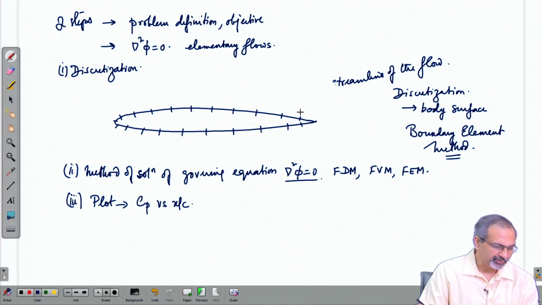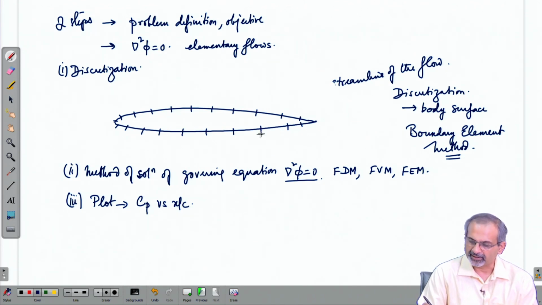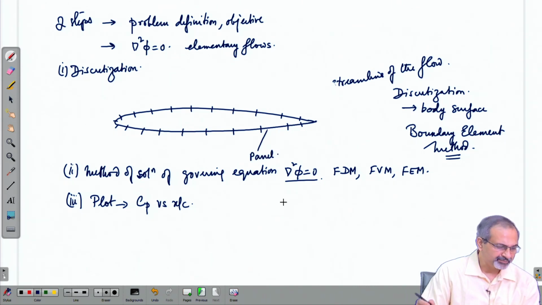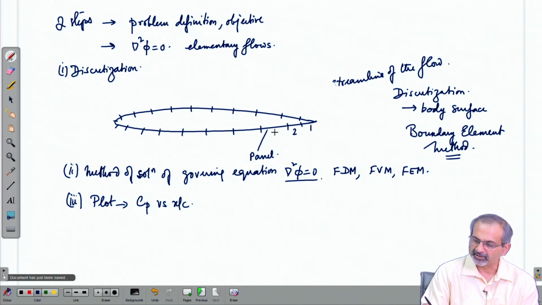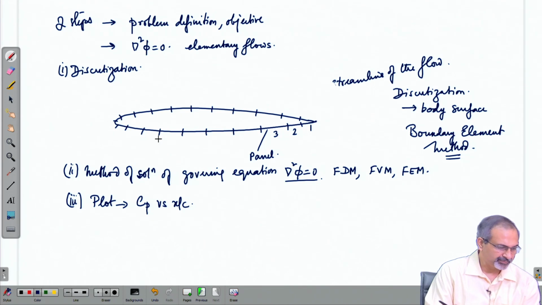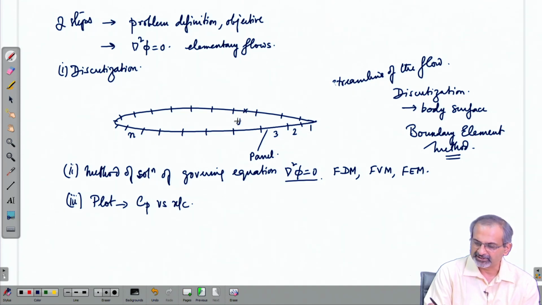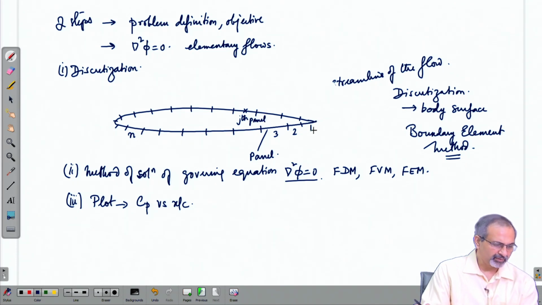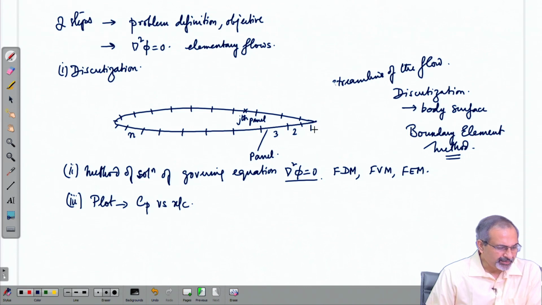Each element that we have on the body is called a panel. So, each segment is a panel, and you can number the panels in whatever way you want. You can start from 1, for example, over here and move clockwise, and that way let us say this is the nth panel, you move on, and let us say somewhere here you have a jth panel, all right.